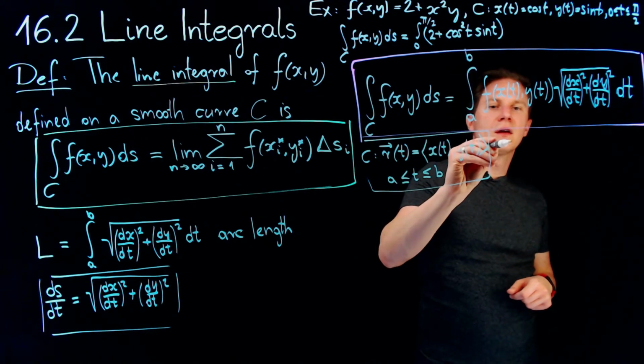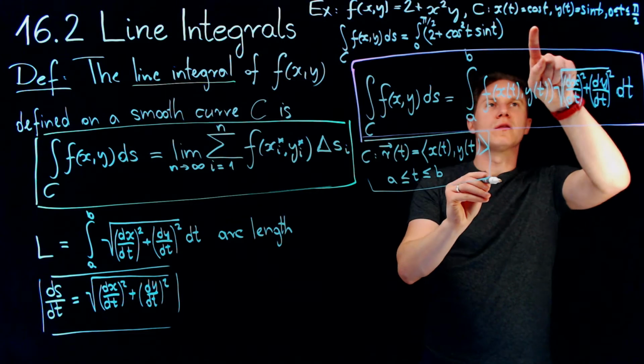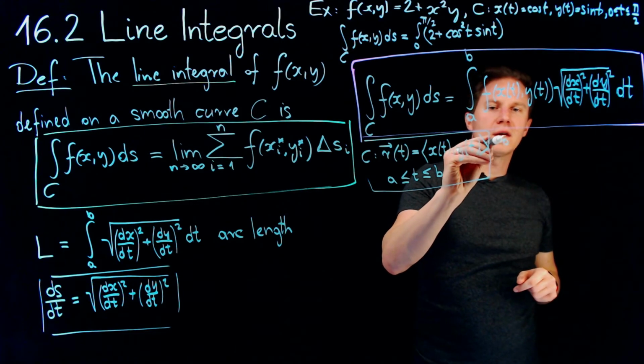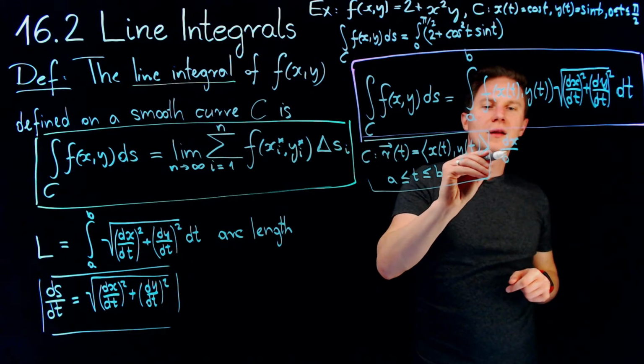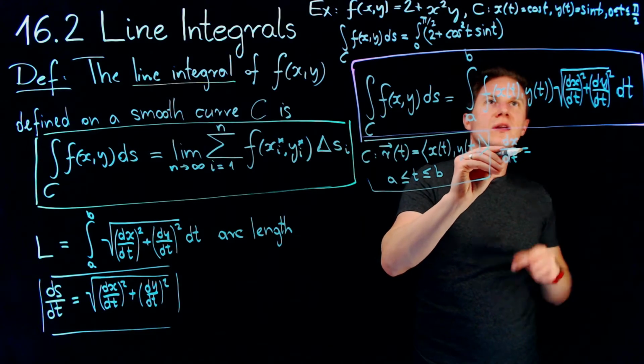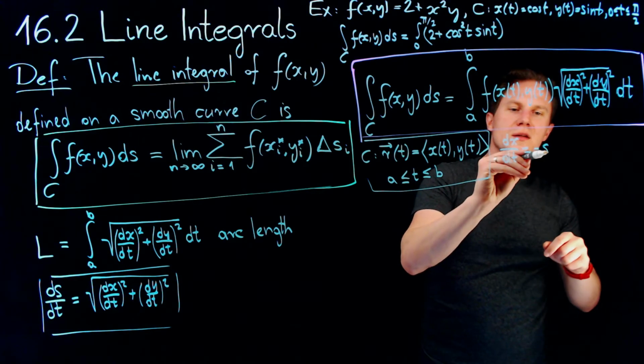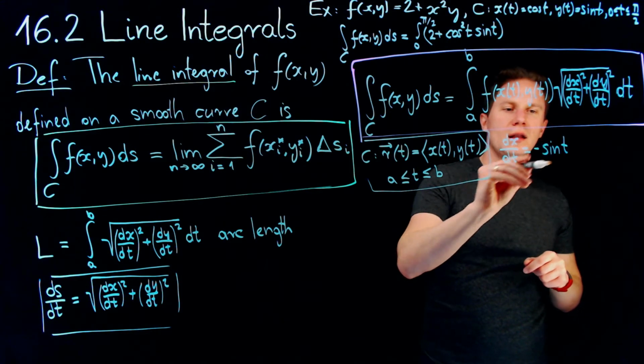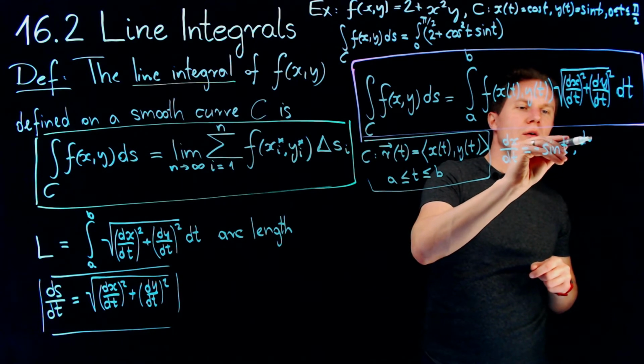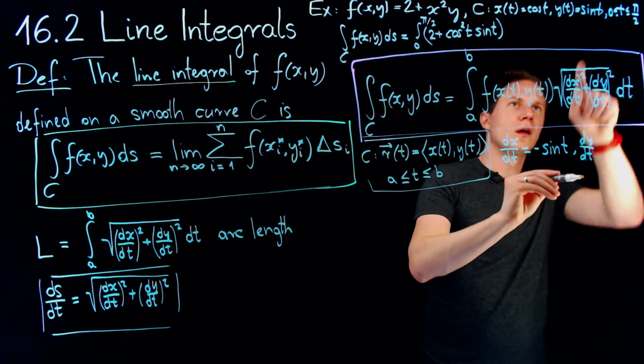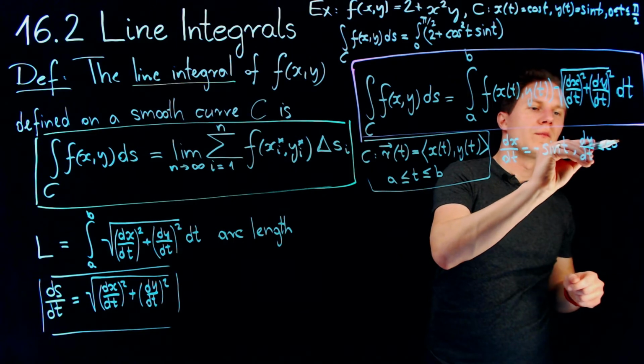In this case, if x(t) is cosine of t and y(t) is sine of t, then the derivative of x with respect to t is minus sine t, and the derivative of y with respect to t is cosine of t.